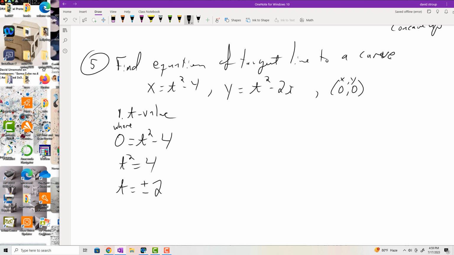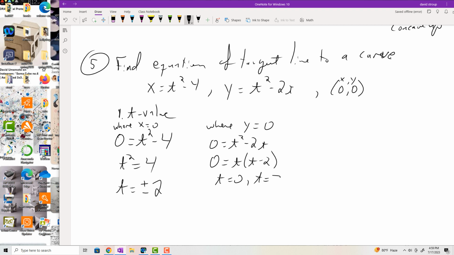And then we find where y is 0. If y is 0 at plus or minus 2, we're going to have two tangent curves. But let's see. So I replace y with 0. Then I can factor. And then it looks like t is 0 or t is 2.